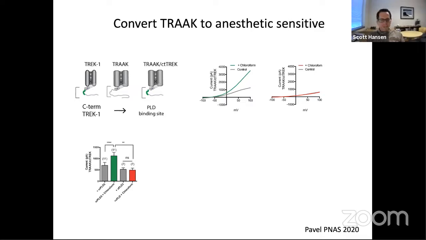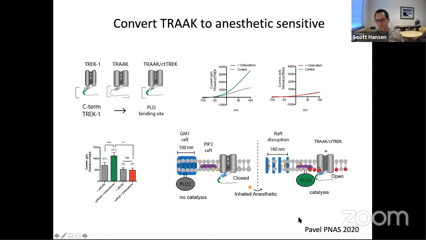And this is very, very robust. So this isn't squeaking out a little bit of anesthetic sensitivity. This channel is clearly anesthetic sensitive. And it suggests that this motif is modular and could be moved around, and anesthetic sensitivity moved to other molecules. And so this supports this model where the lipid raft is the target of anesthesia.